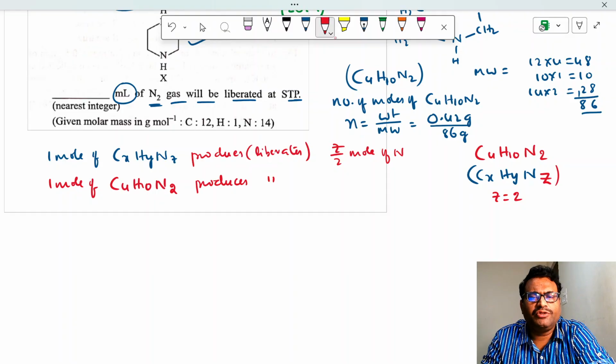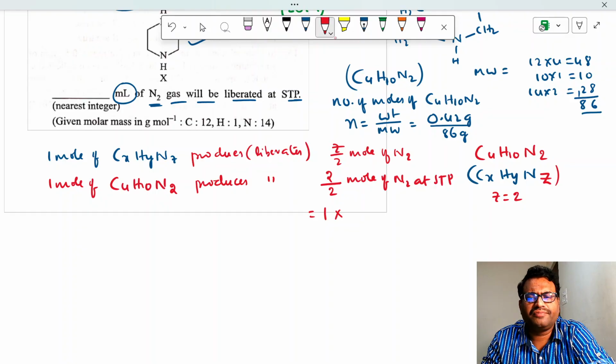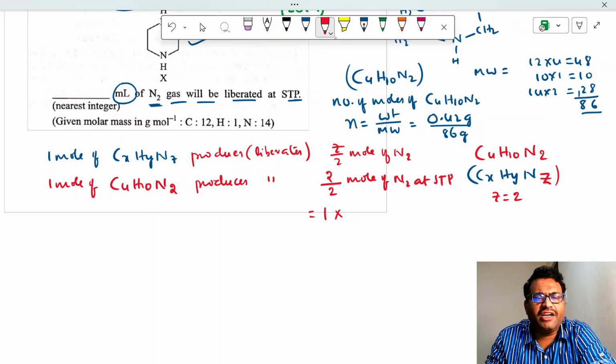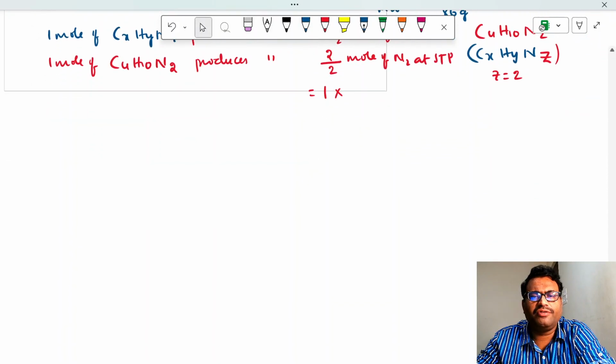Z is 2, so 2 by 2 mole of nitrogen gas at STP. So 2 by 2 is 1 mole. 1 mole occupies how much volume? 22.4 liters. But here, for STP, what you have to do?